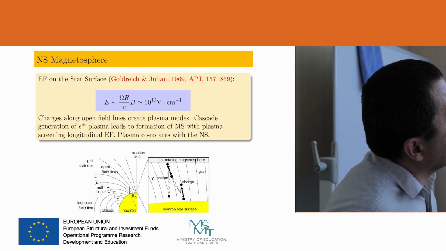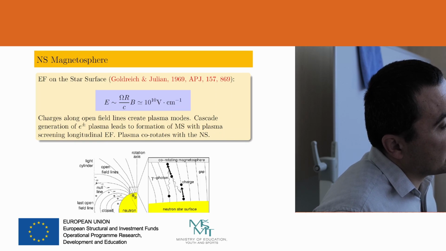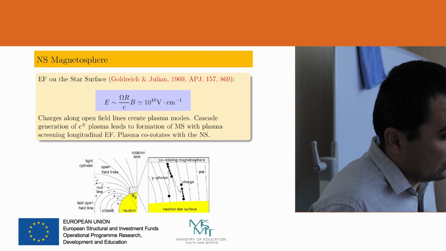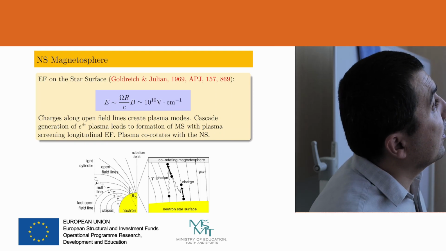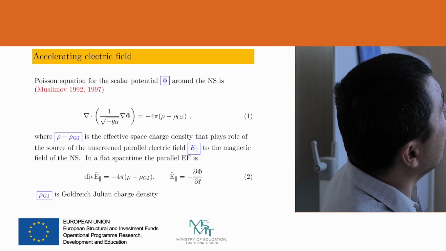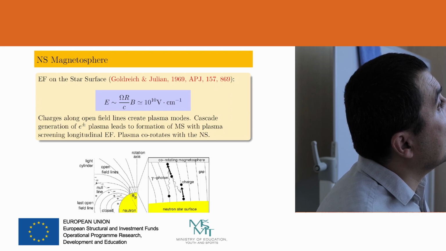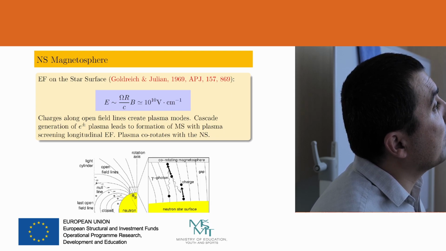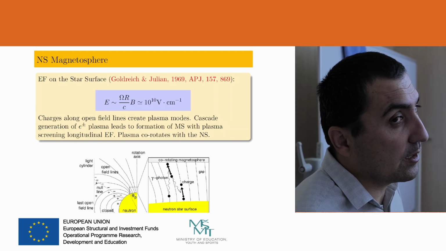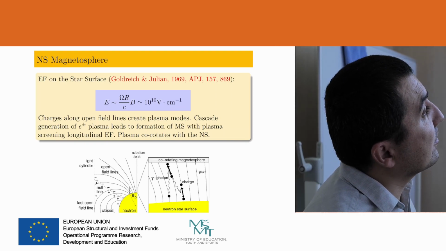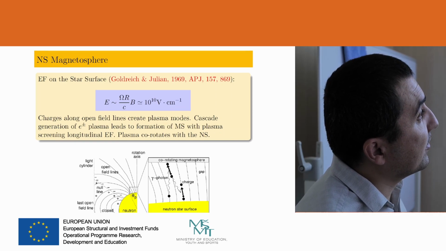And then the neutron star magnetosphere. So how does the plasma magnetosphere form around the neutron star? We can easily estimate this electric field, which is parallel to the magnetic field. We can call it the induced electric field, and it is 10 to the power 10 volts per centimeter.